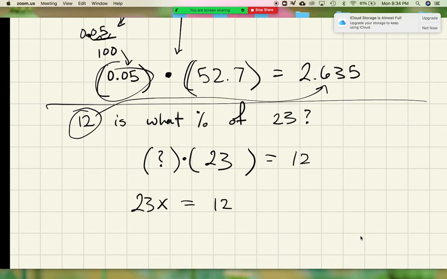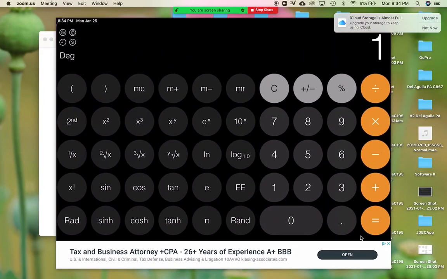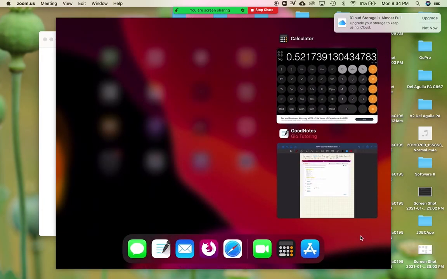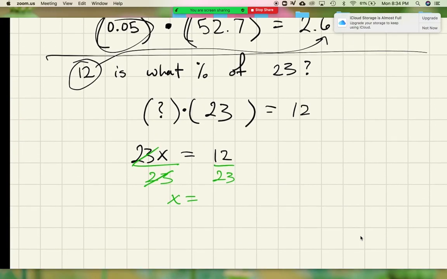Now I can solve this by dividing by 23 on both sides. So x equals 12 divided by 23, which is 0.5217 and so on. I'm just going to say 0.52.